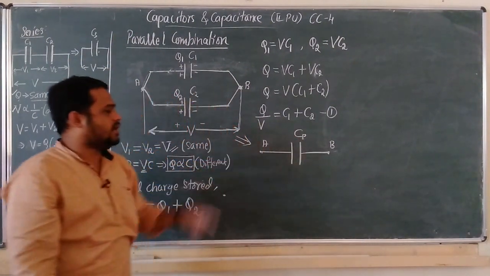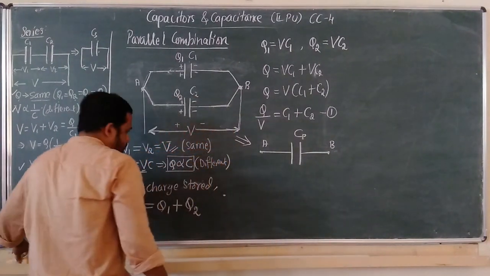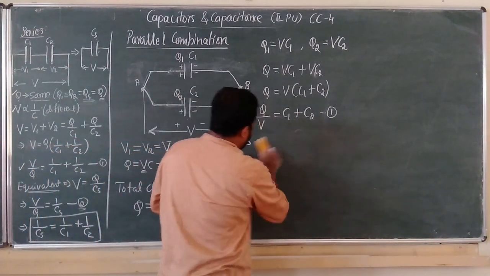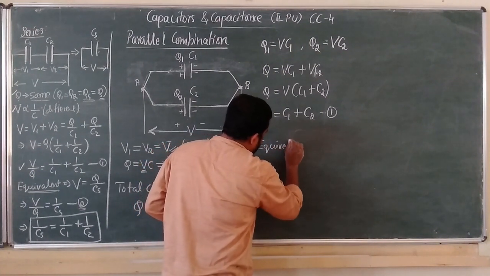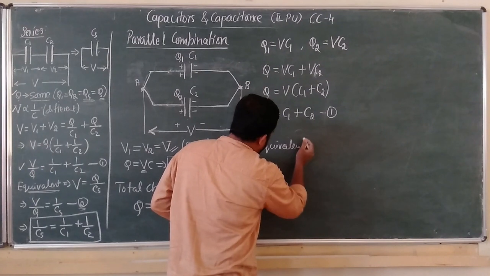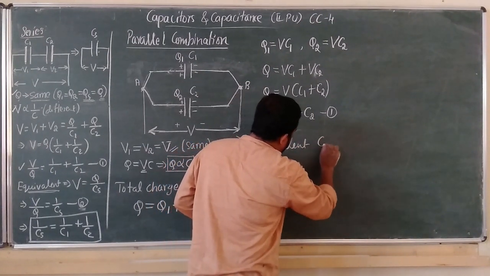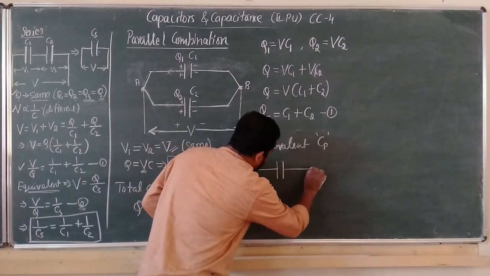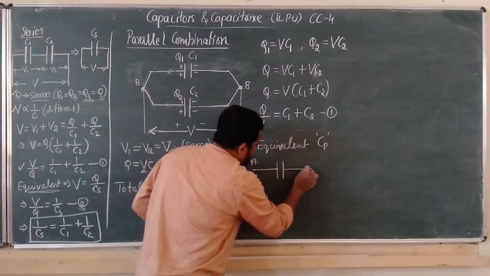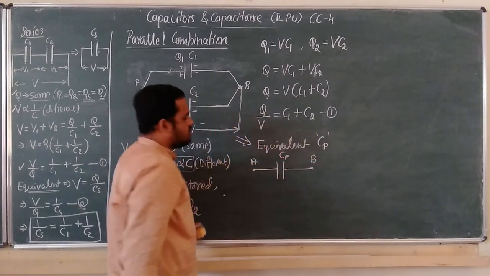Now this is the equivalent capacitance. If the combination is replaced by a single equivalent capacitor CP, like this, between the same two points A and B, its capacitance is equal to CP.